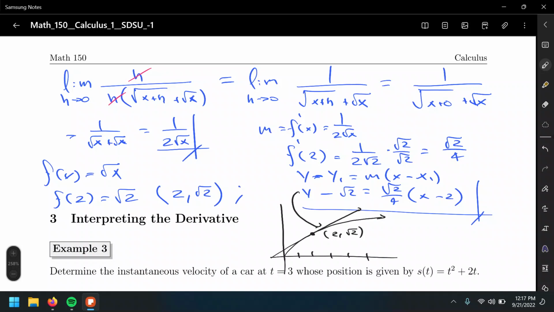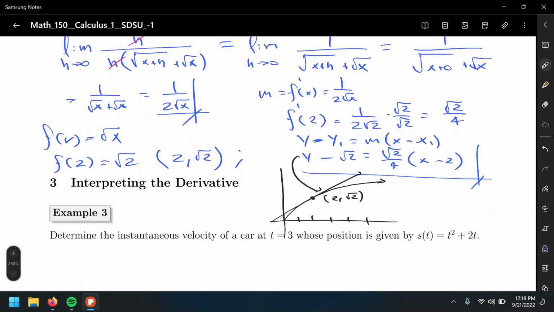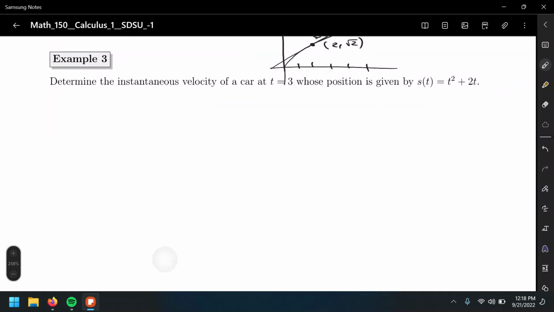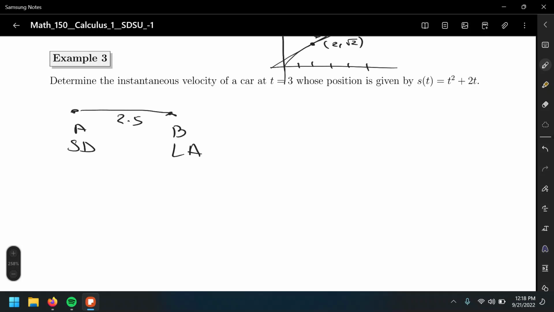Let's look at another example. At the beginning, when constructing the idea of the average rate of change versus instantaneous rate of change, we were looking at one word problem describing the position of a car. When we move from point A to B, for example from San Diego to LA, and we take maybe 2 hours and a half, roughly at a speed of what about 70 miles per hour?